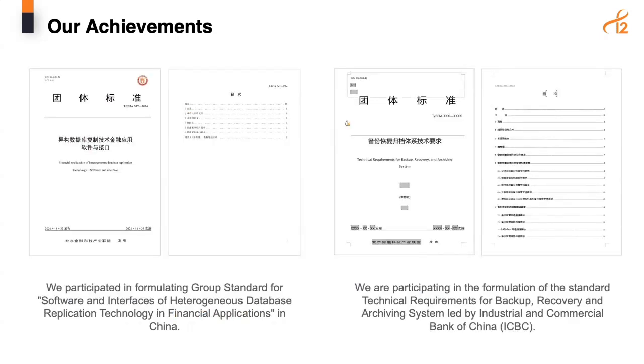Not only that, we also participated in formulating group standards for heterogeneous data replication technology in finance in China, and in formulating the standard requirements for backup and recovery with ICBC Bank.